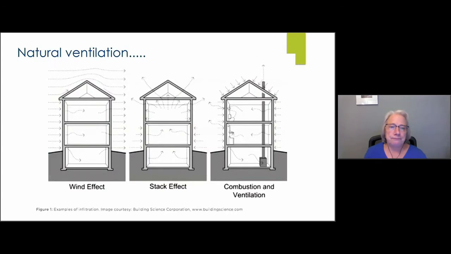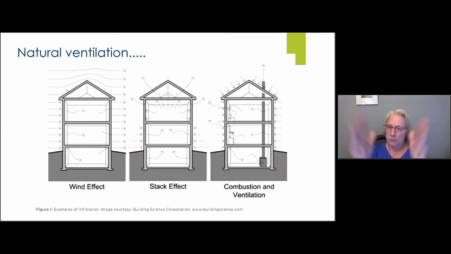Next. To give you some idea of what goes on in a building, the first thing we have is natural ventilation. You have the wind effect, which is air approaching the building, and you have a positive and negative pressure on the building, which can create airflow through the building. Then you get the stack effect, where you have cool air down below.